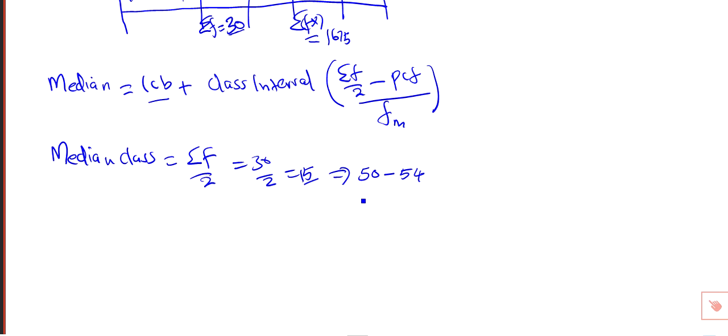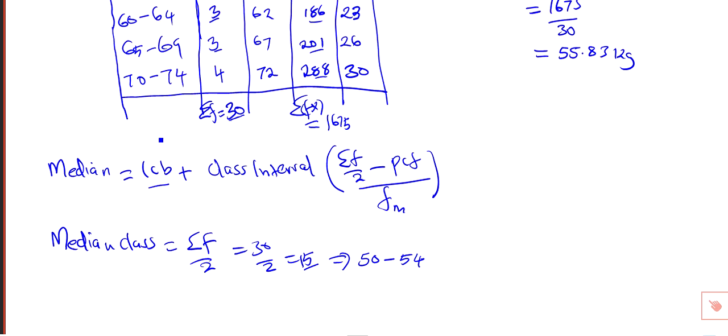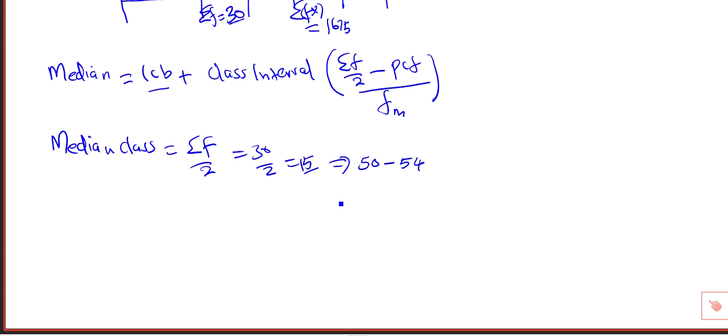Now the lowest class boundary here and the upper class boundary. For the lowest class boundary, you take that 50 minus 0.5, which gives you 49.5.